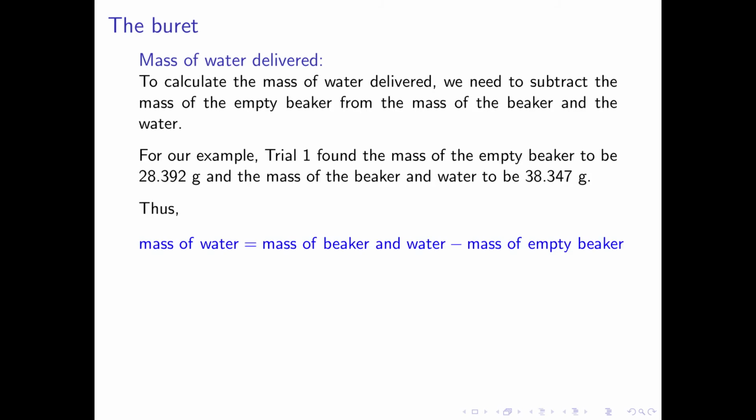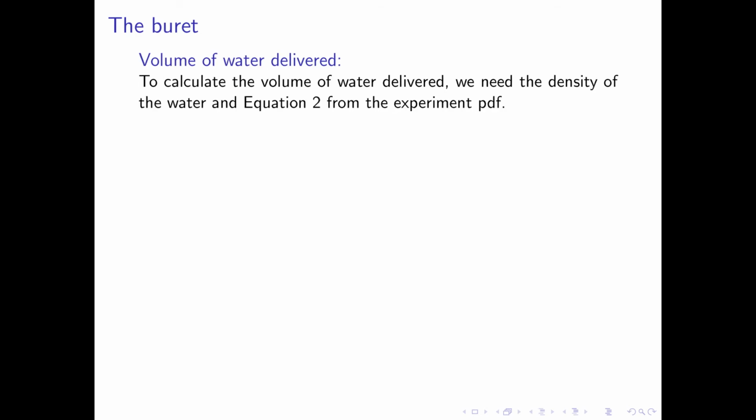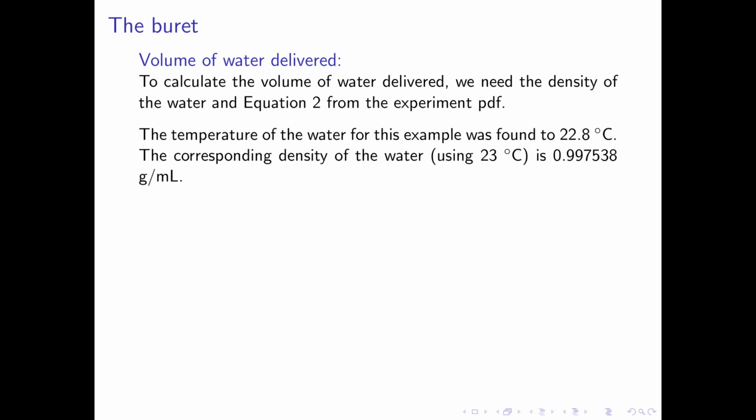Therefore, the mass of the water is equal to 38.347 grams minus 28.392 grams, or 9.955 grams. For trials 2 and 3, the masses were found to be 9.965 grams and 9.985 grams. We calculate the volume of the water delivered in exactly the same way as before. Again, we use the same density, 0.997538 grams per milliliter.